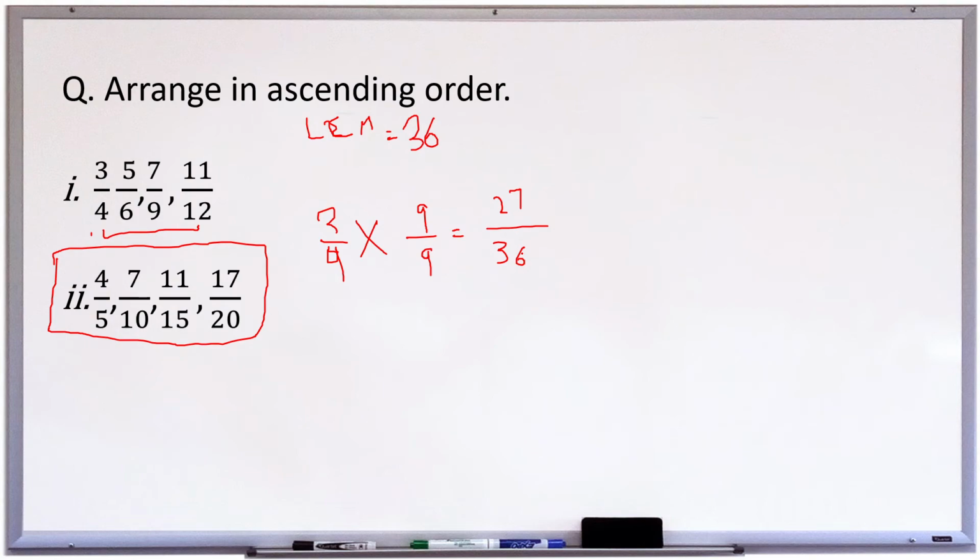That means they both have the same value, because if you reduce it, you will get the same thing. If you multiply the numerator and the denominator by the same number, what you get is equal to the simplest form. 3 upon 4 is the simplest form, so what you are getting is equal to 3 upon 4 only. This I have explained in great detail, the full logic, so watch the first episode.